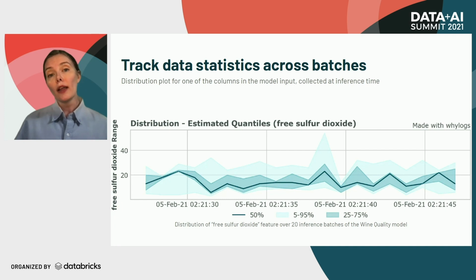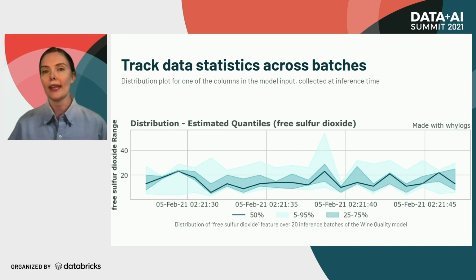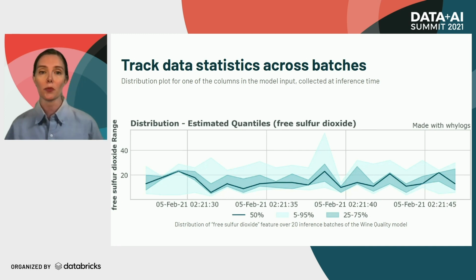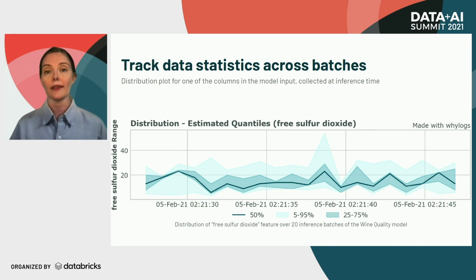Now, collecting YLOGS systematically enables fantastic transparency into the data that flows through the ML pipeline. In the wine quality example, I used MLflow to run model inference for 20 batches. I used YLOGS to capture the data properties of every feature in the batch.